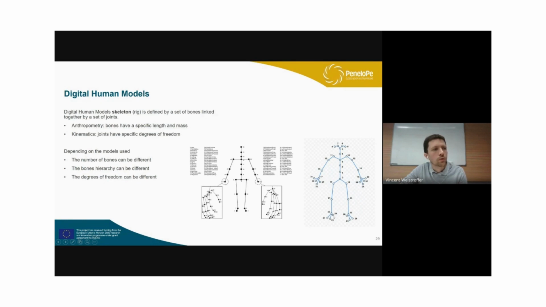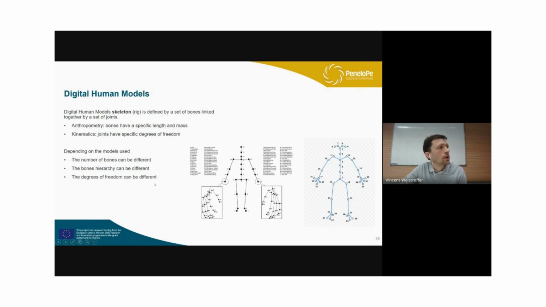You also have the knee. And the head is also different. You can have some IDs for the eyes, some IDs for the ears. And also the hands are different, meaning that you can have the hand tip and the thumb tip, but it's not so precise regarding fingers.